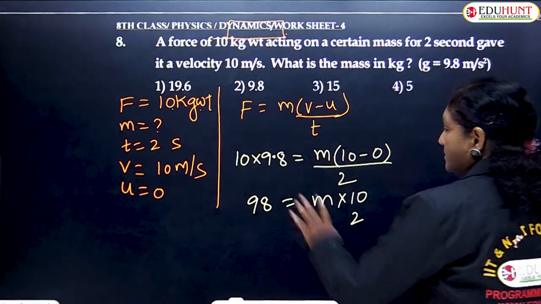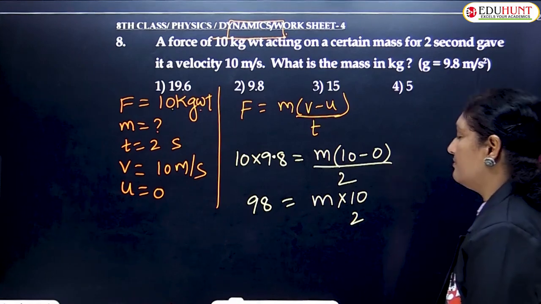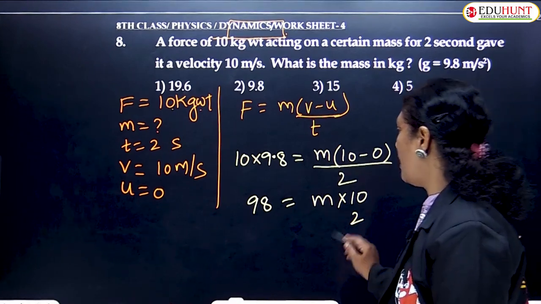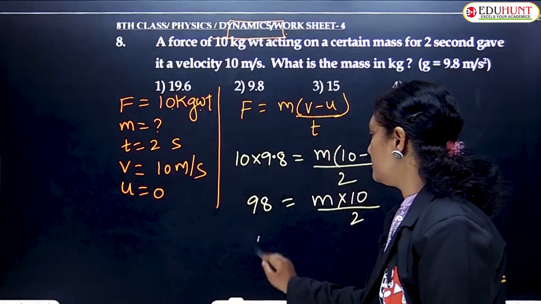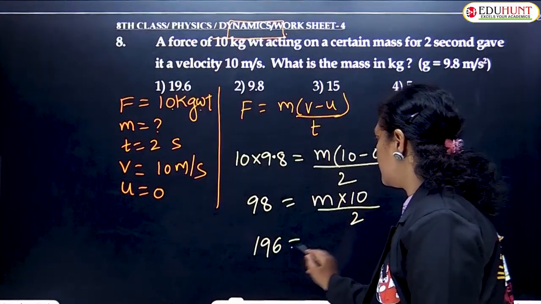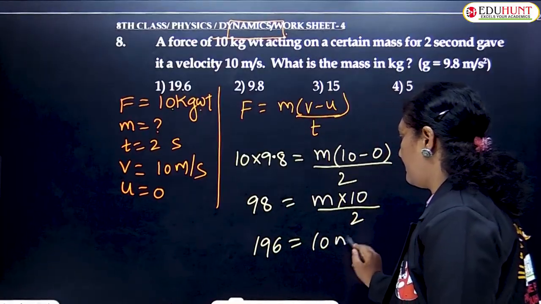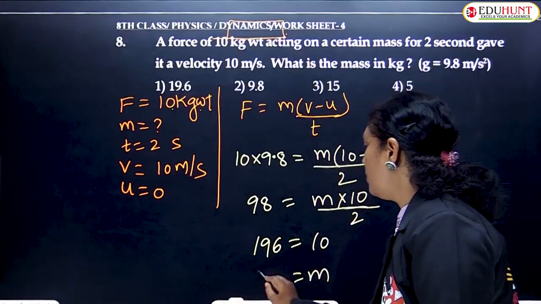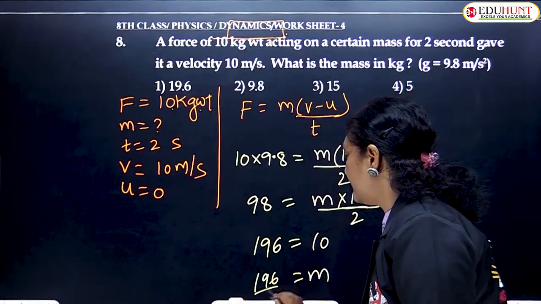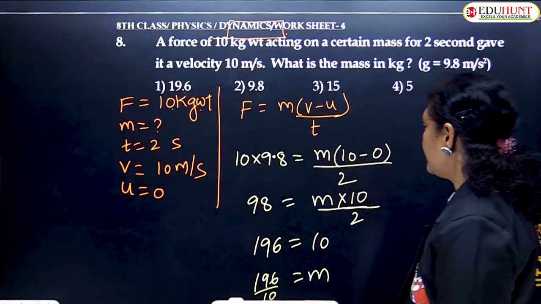So bring this 2 to the other side, or you can divide this 10 by 2. Then how much it will be? 98 into 2 is 196, which equals 10 M, or M is equal to 196 by 10. What is the value of 196 by 10?